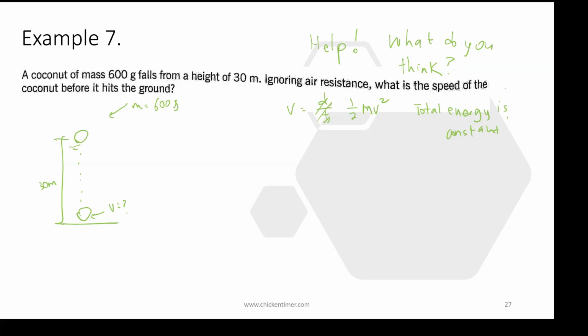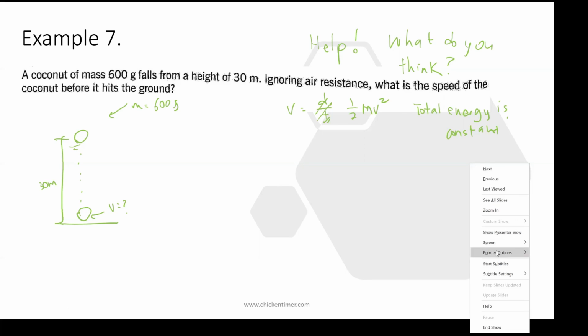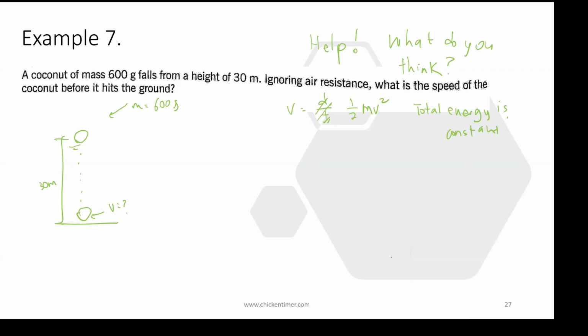So to find the answer, first you have to figure out what energy is being converted to what other energy. PE is converted to KE.